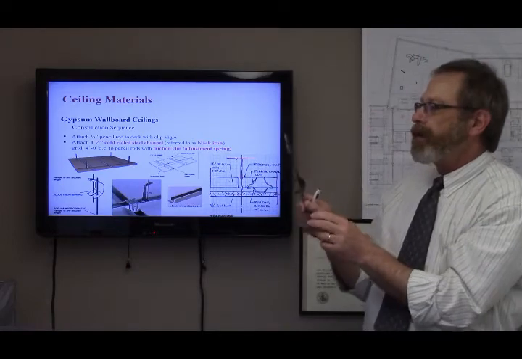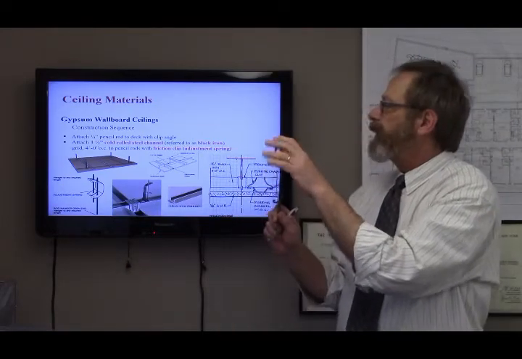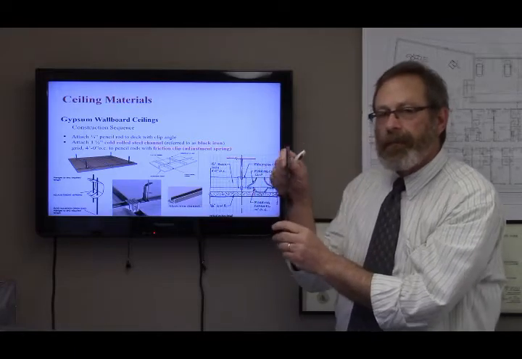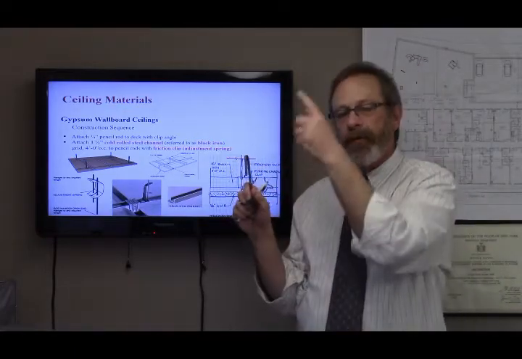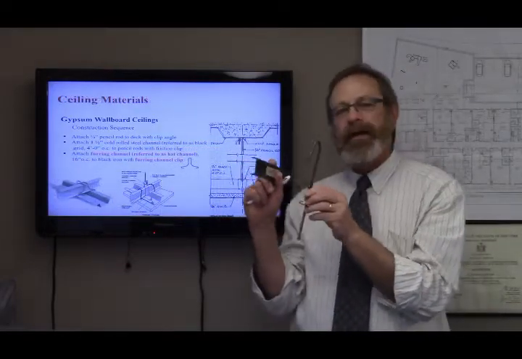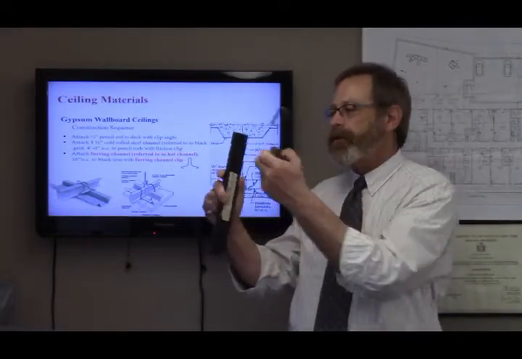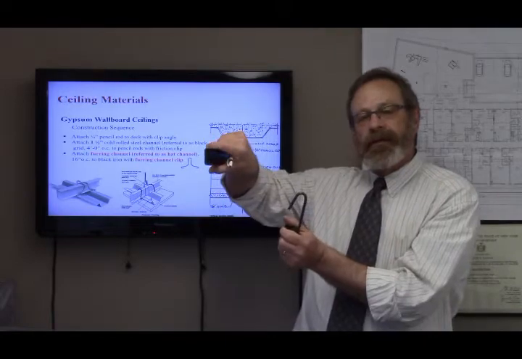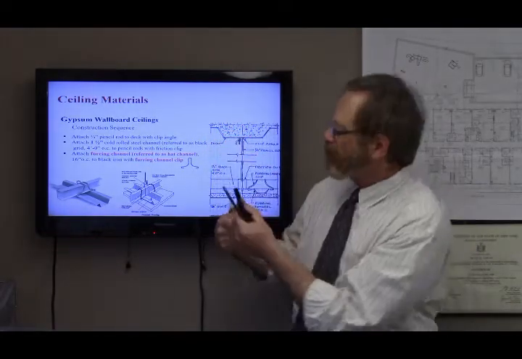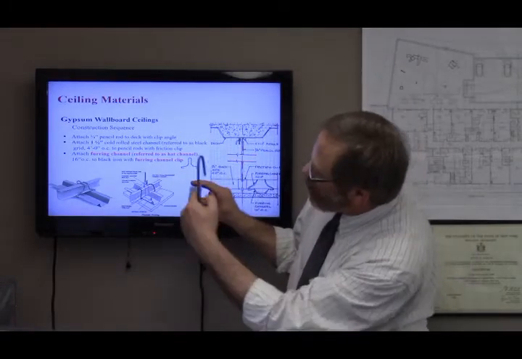These clip angles and pencil rods are located about every 4 feet on center, to the bottom side of the metal deck. I am going to attach a 1.5-inch black metal channel. C for channel. From your point of view, yep, C for channel.